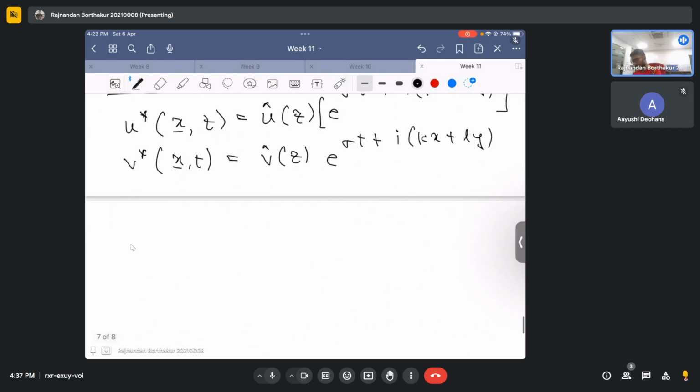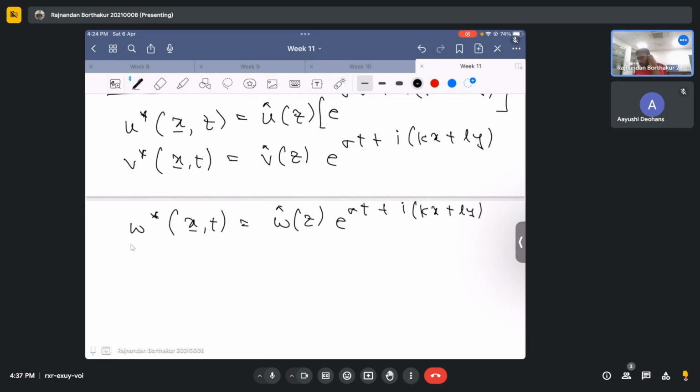And similarly, w star can also be written as w cap of z times e power sigma t plus i times kx plus ly.